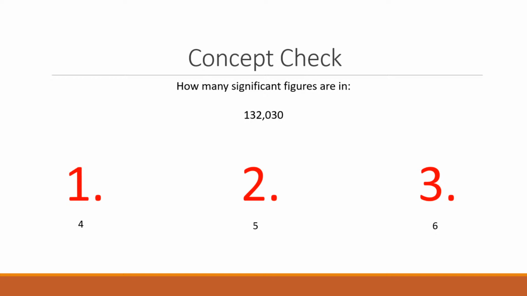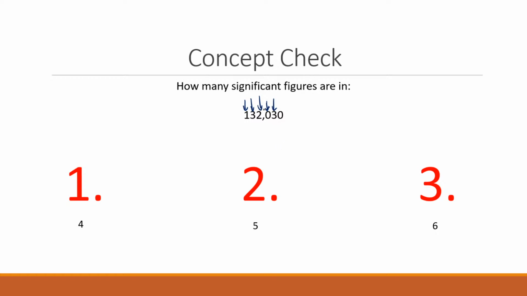Right here we have 2 different types of zeros. We have a captive zero here, and we have a trailing 0 here. Captive zeros are always significant, so this counts as a significant figure. These non-zero numbers count as significant figures.